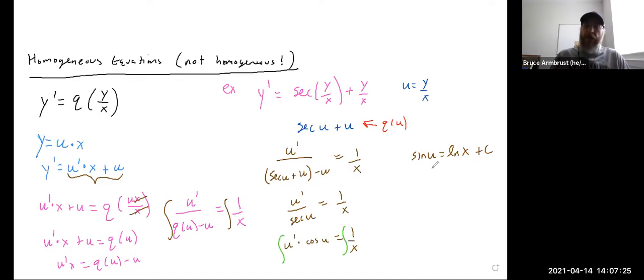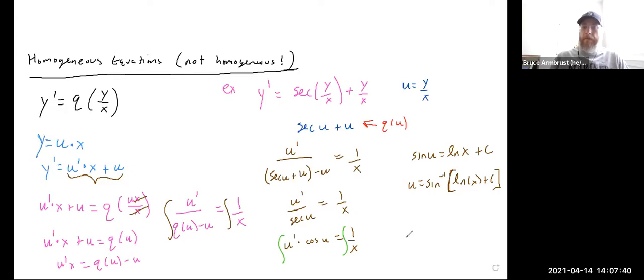So again, I want to get u. So u is going to be the inverse sine of natural log of x plus c. Now, that's not my solution though, right? My solution is y equals. So if you come back over here, you can see that y is equal to u times x.